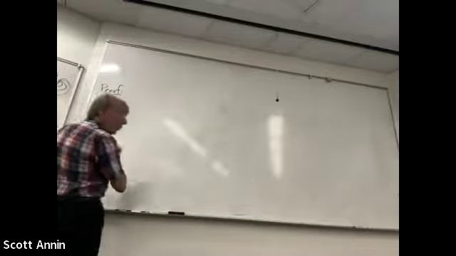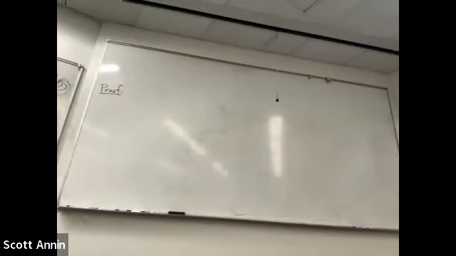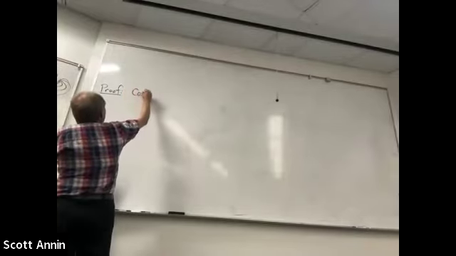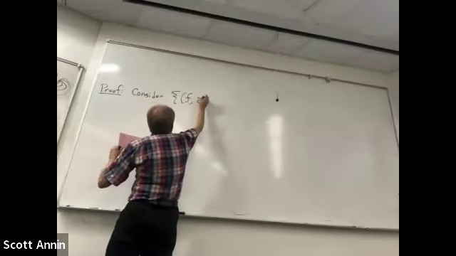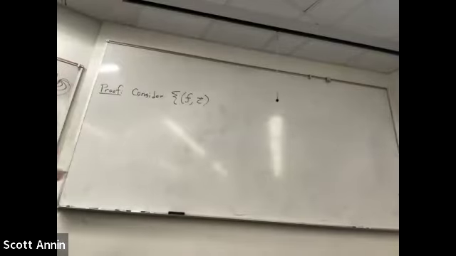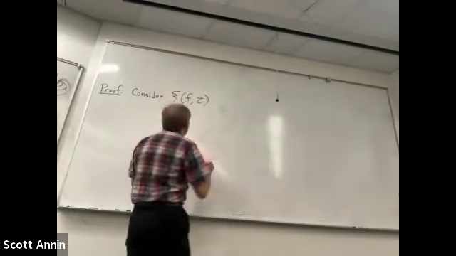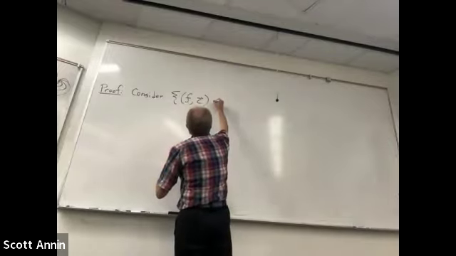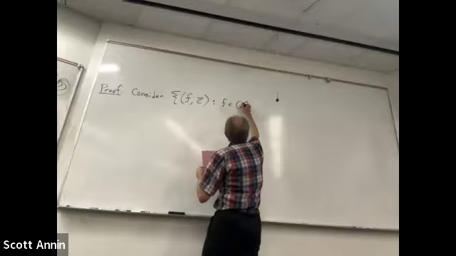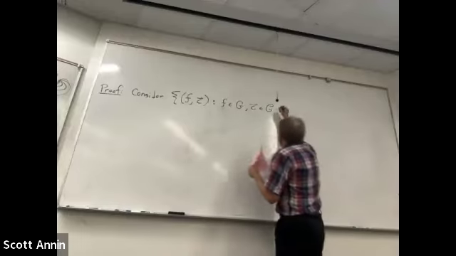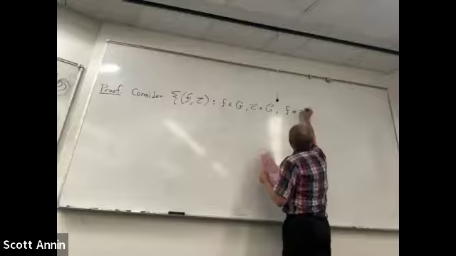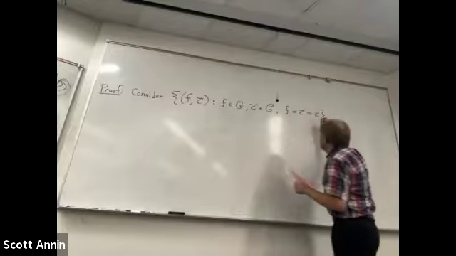So let's do this. For the proof of that formula, we're going to prove this one right here. Okay, so here's how we're going to do this. We are going to consider the set consisting of a pair of things, a symmetry and a coloring. A symmetry, little f, comma, a coloring, little c, such that f is in the group of symmetries, c is in the set of colorings, and there's one more very important condition, which is that f star c needs to be equal to c.